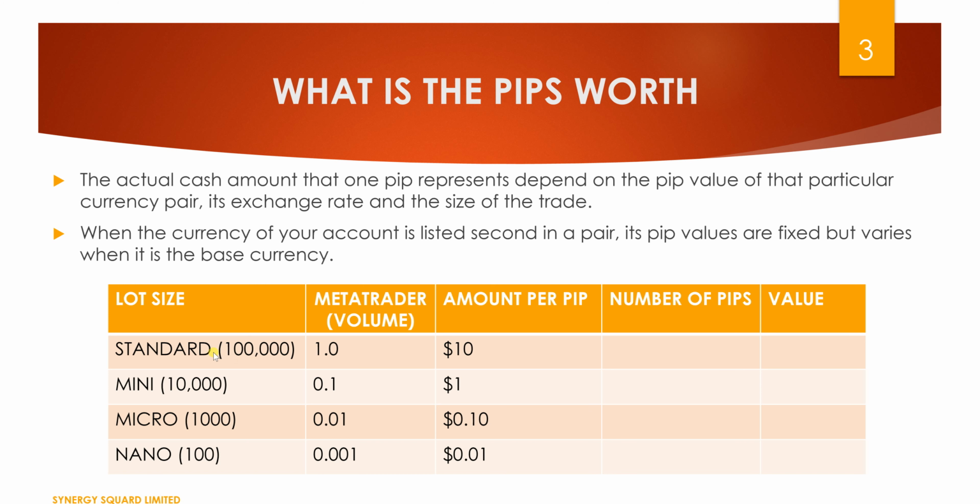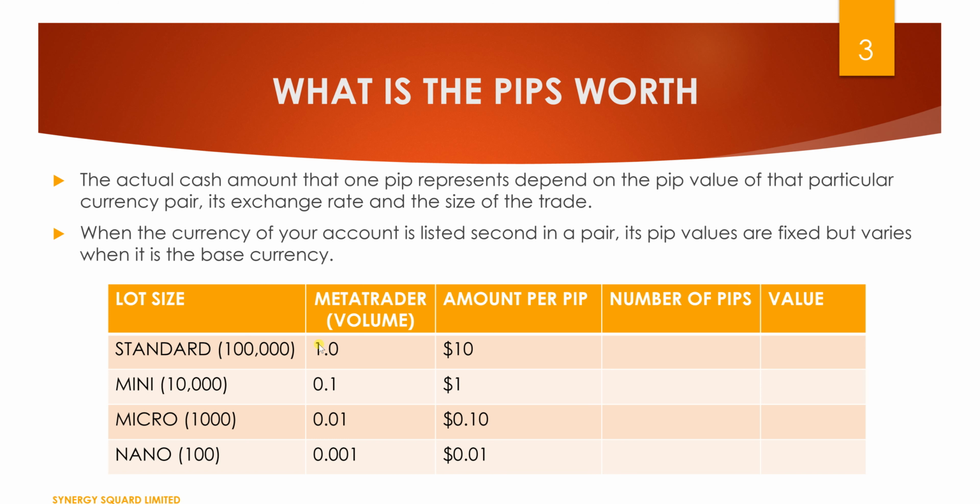Here, this is the standard lot size. When we say a lot size is standard, it simply means you will be controlling 100,000 units of that currency. So when we talk about the lot or the volume, it is 1.